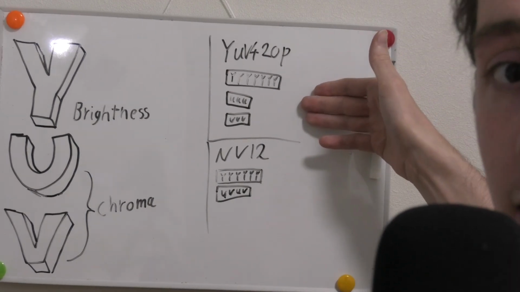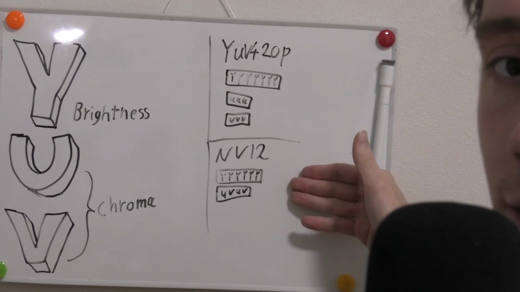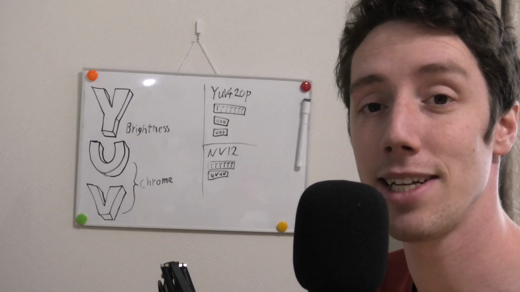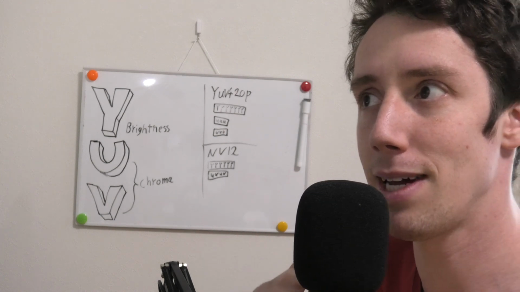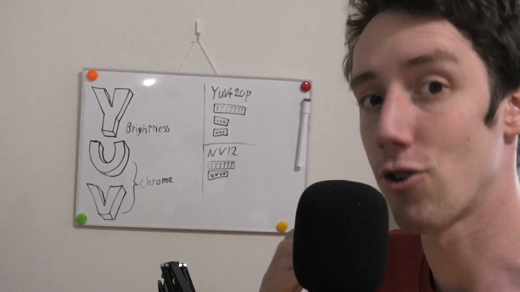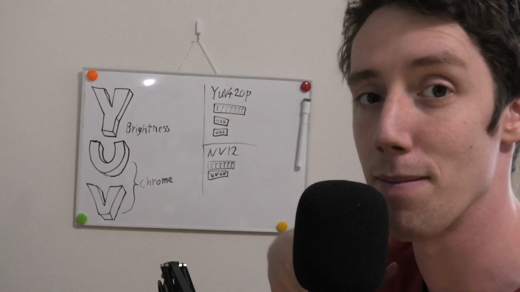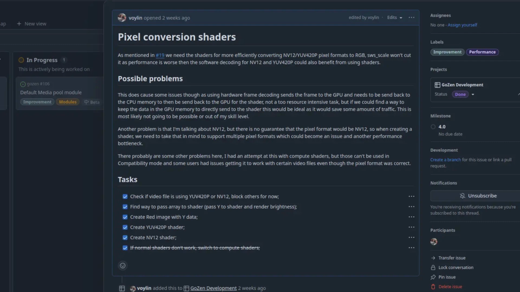For software conversion to RGB, this works fast, this works slow. And that's a problem, and that's why we need shaders to make the GPU do all the work, because the GPU is meant for rendering pixels on screen, so it will probably be a lot faster than your CPU for converting pixel formats.